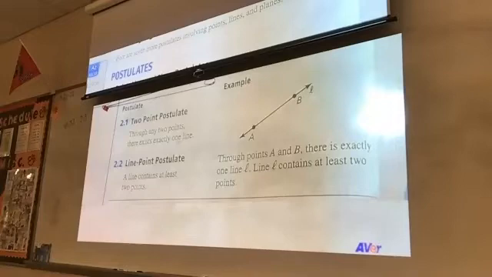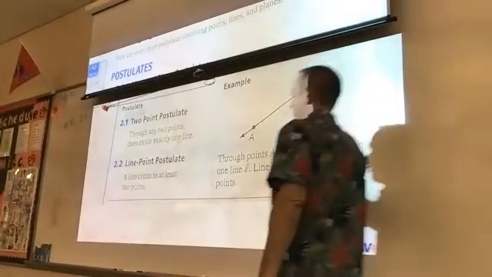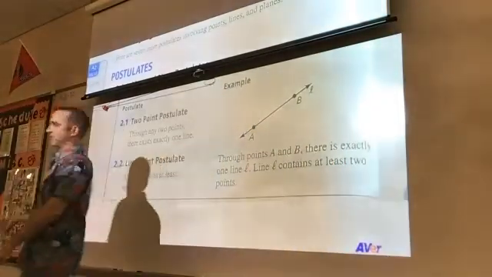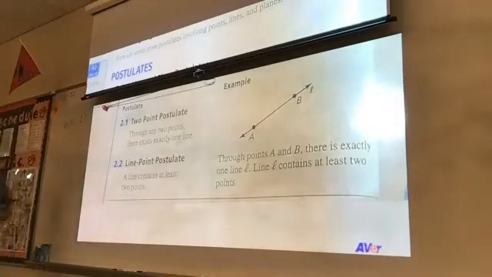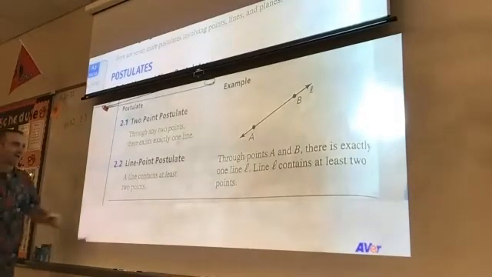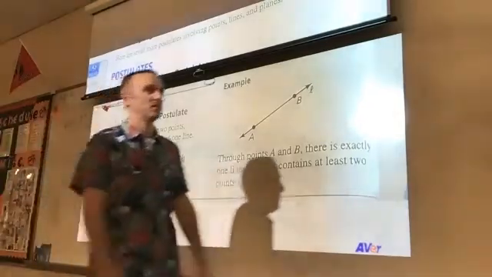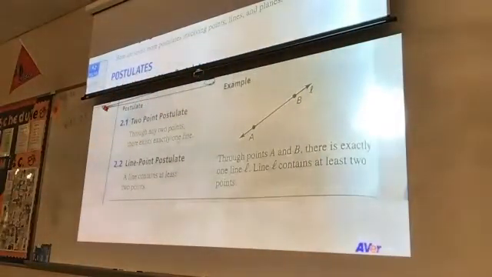Because you could have points all along that line and the line goes on forever. So line point postulate just allows us to say, if we have a line, we can put points on there. There are at least 2 points that we can name on that one. Okay, not necessarily one that we're going to use a whole bunch other than today, but it's there. Okay. All right. Questions on the first 2?